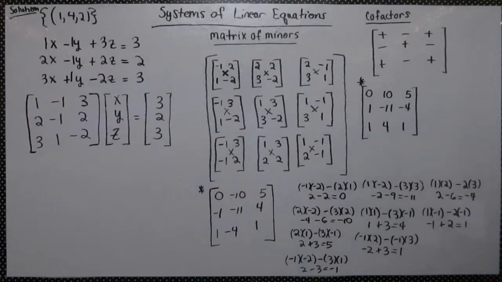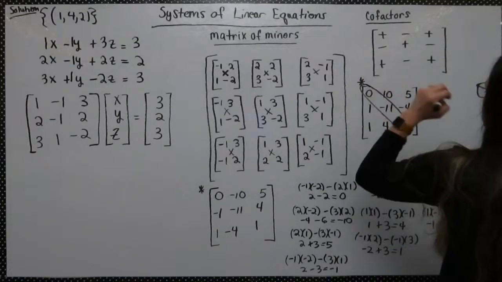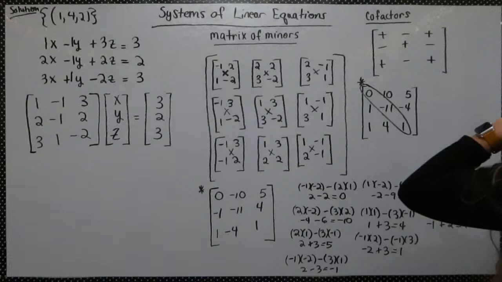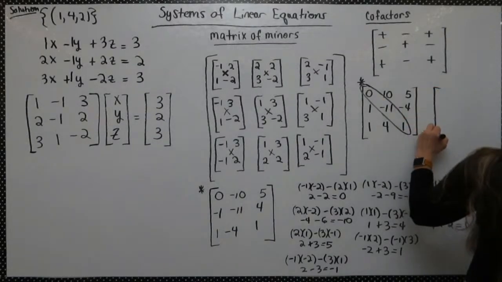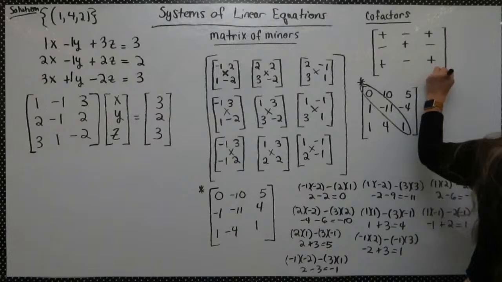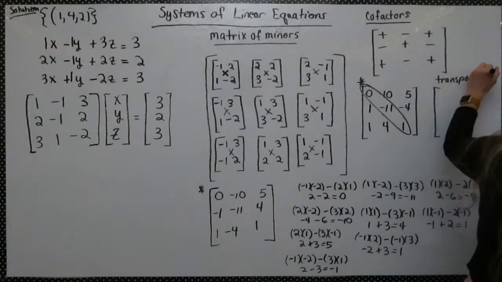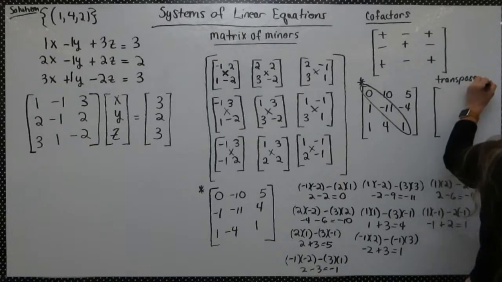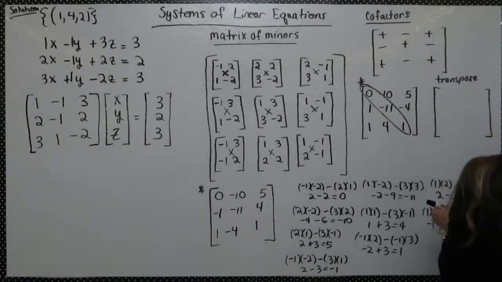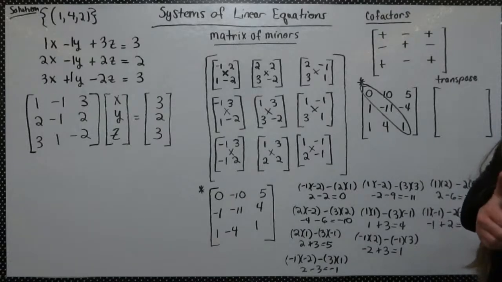Now what we have to do is transpose this cofactor matrix using this rule. The diagonal stays. We'll just say transpose. What we're doing is swapping along the diagonals.